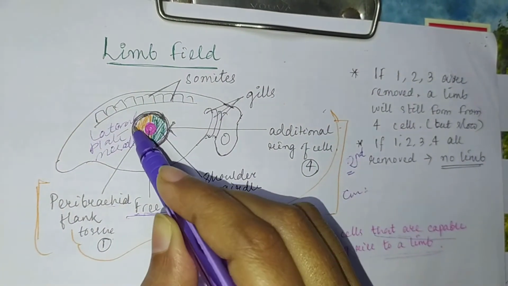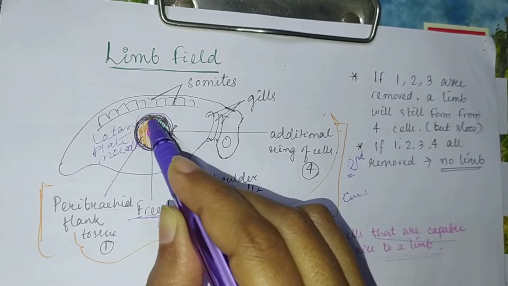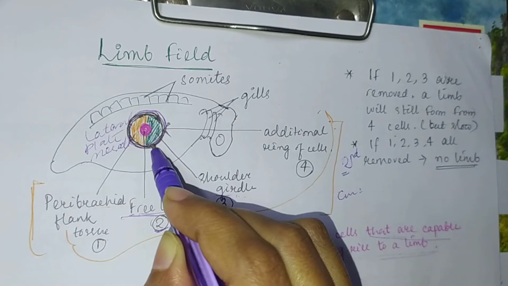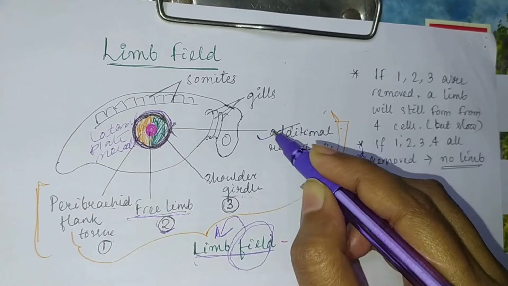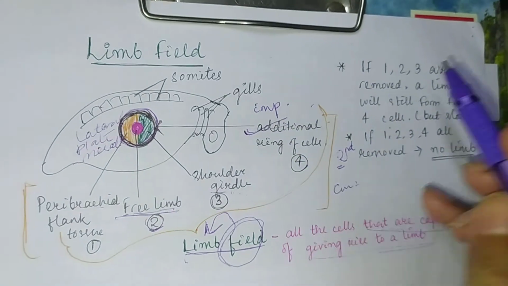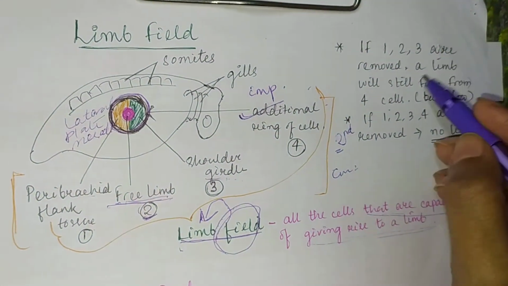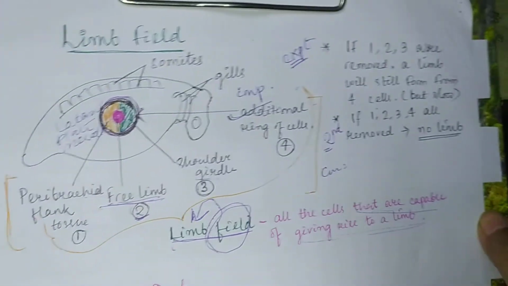But there is an additional ring of cells that surrounds this limb field, and its role and its importance has been demonstrated from an experiment. Okay, so there was an experiment.